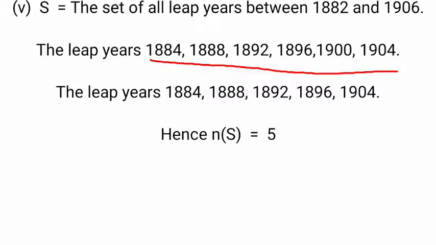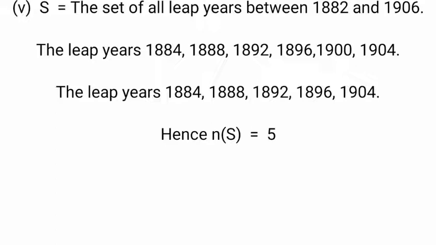Therefore, we have 6 elements, but 1900 is not a leap year because it is a century year. A century year means it has 2 zeros in the last 2 digits, like 1900, 1800, 2000. If that number is divisible by 4 and also divisible by 400, it is a leap year.